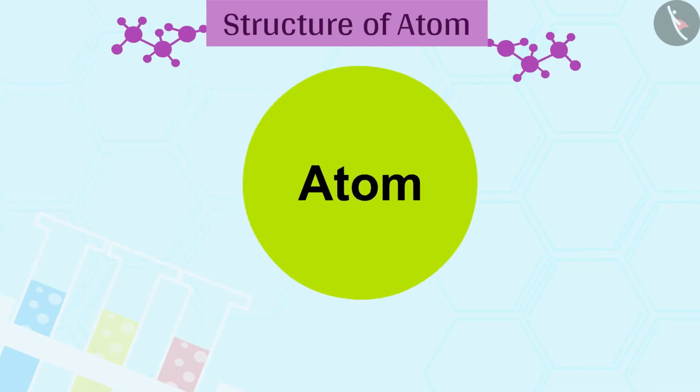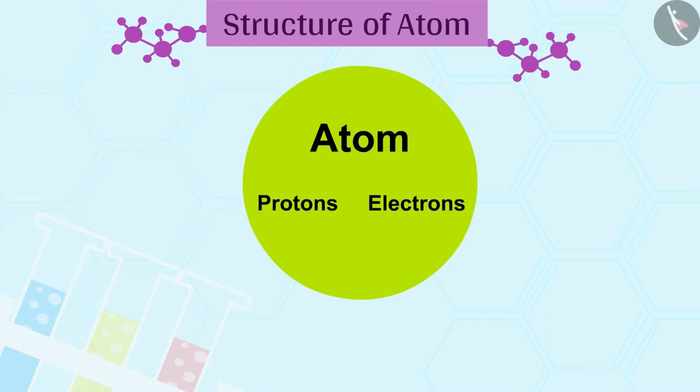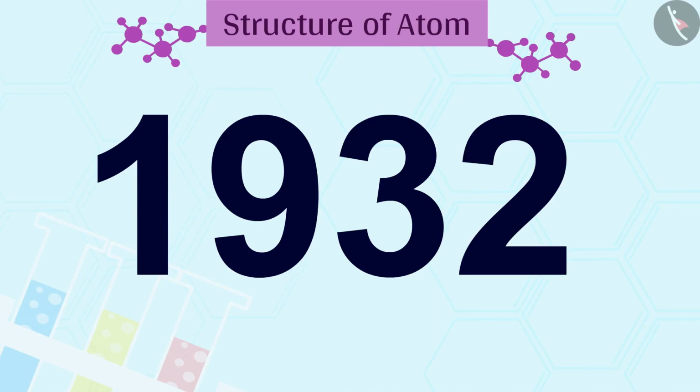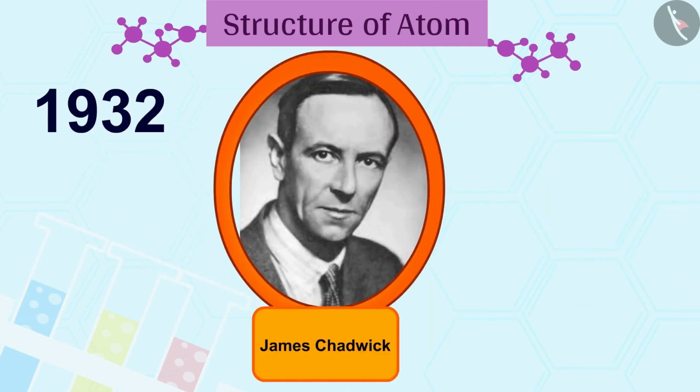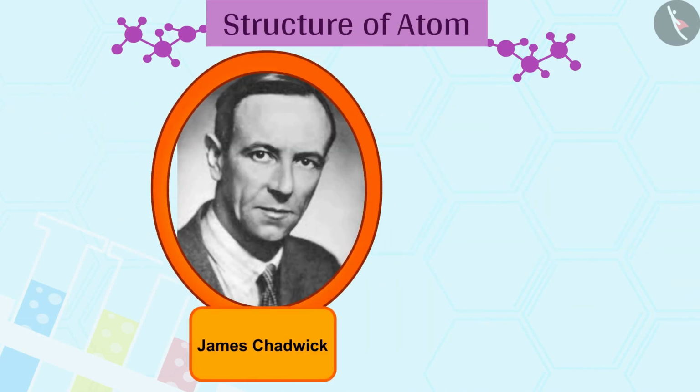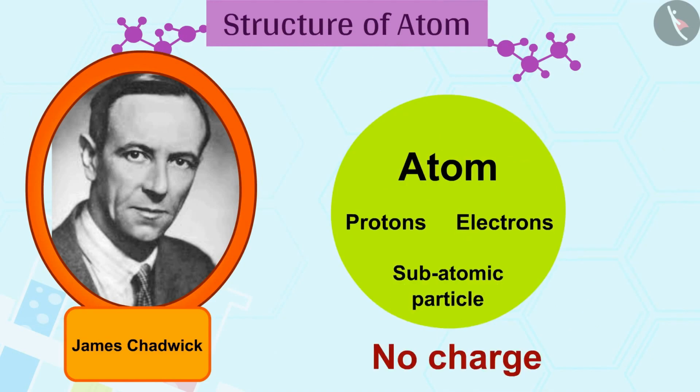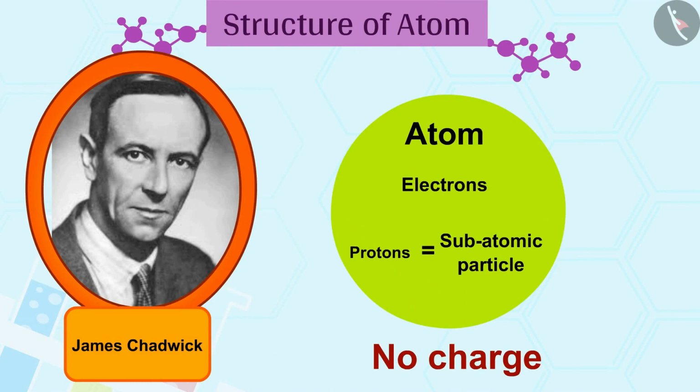Do only protons and electrons exist in an atom? In 1932, J. Chadwick discovered another subatomic particle which had no charge and a mass nearly equal to that of a proton. It was eventually named the neutron.